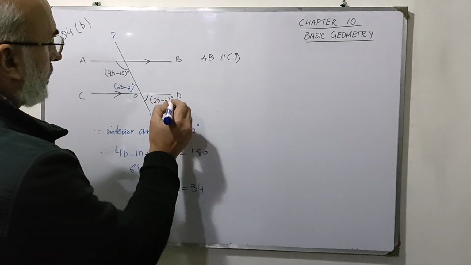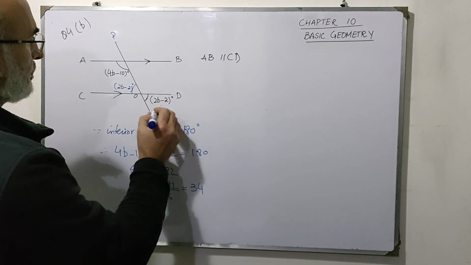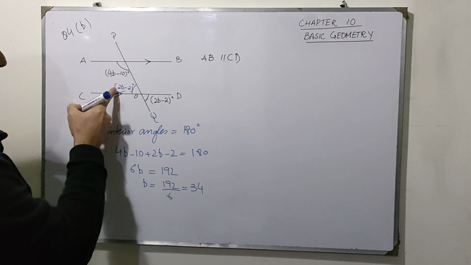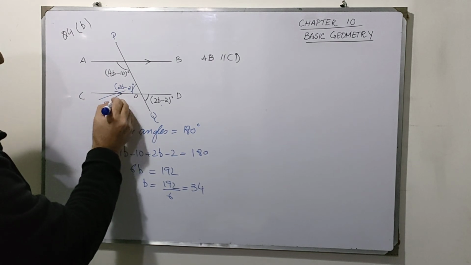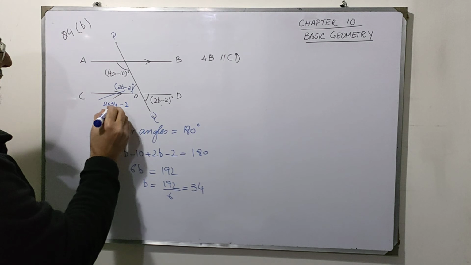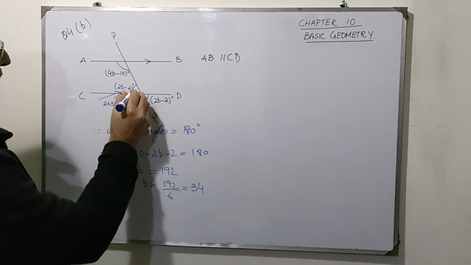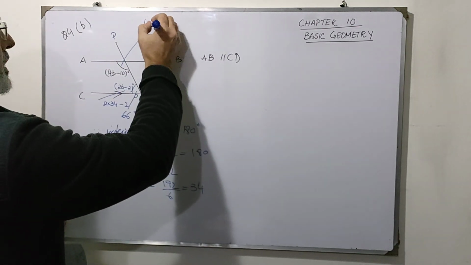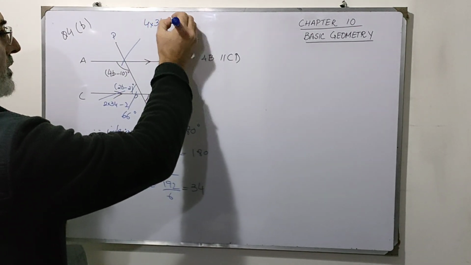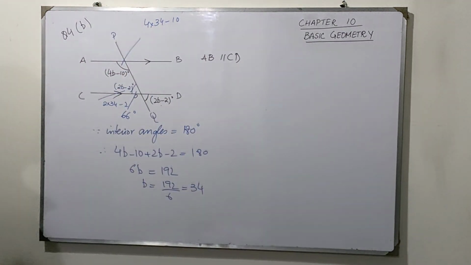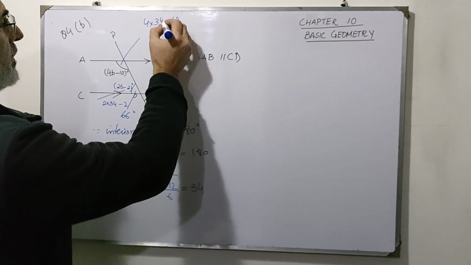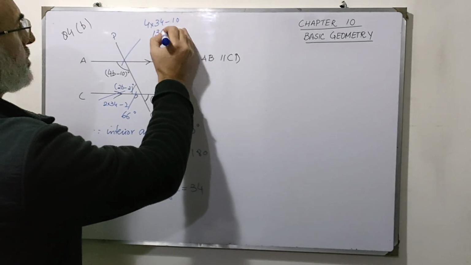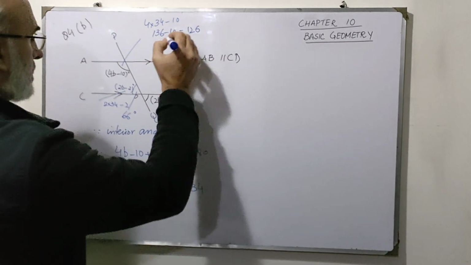And if we put the value of 34 here, it will be 2 into 34 minus 2, which is 68 minus 2, equal to 66 degrees. And 4 into 34 minus 10, so 136 minus 10 is equal to 126.